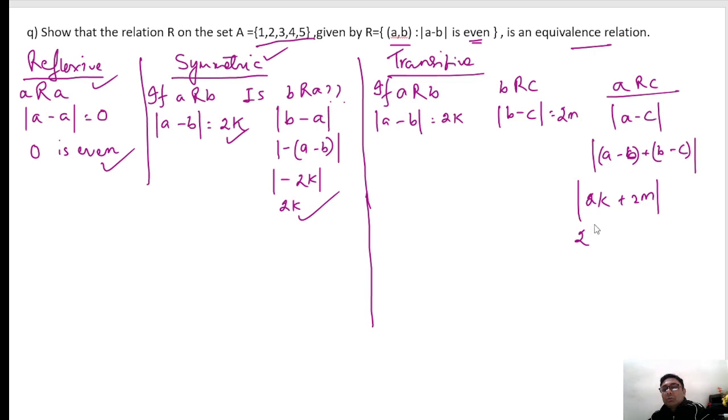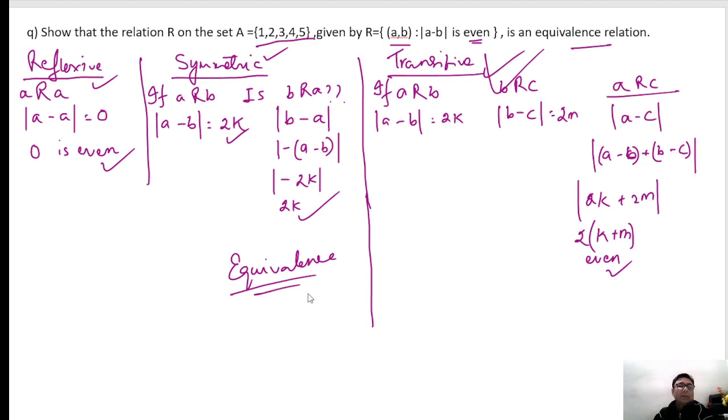So I can take 2 and k plus m, which is even. That means transitive relation is also satisfied. That means all the three are satisfied. So it is an equivalence relation.